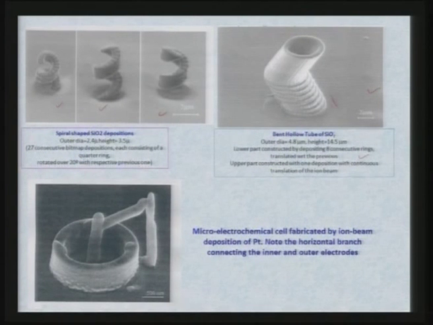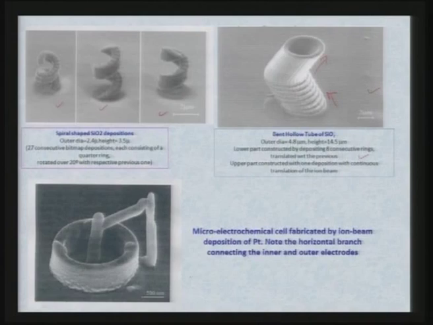So, you are depositing it and moving upward and you are able to create it. Upper part constructed with one deposition with continuous translation of the ion beam, this is the upper part, and this is very interesting, such micro products have been developed.